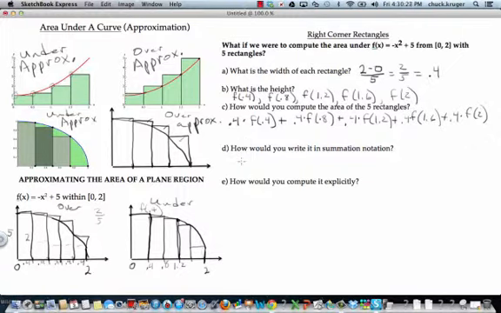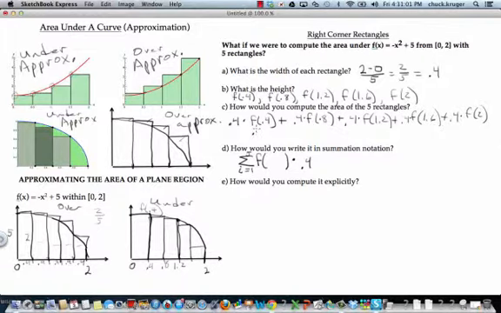Now, how would I write that in summation notation? Well, let's take a look. First of all, I'm summing up. I is going to equal from 1 to 5. Why? Because I have 5 rectangles. Notice I'm multiplying each of these by 0.4, so I'm going to say times 0.4. Now, what is it? It's going to be f of something, and it's going to look like this.